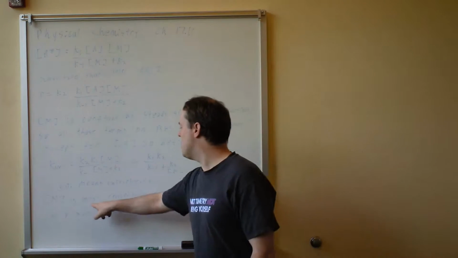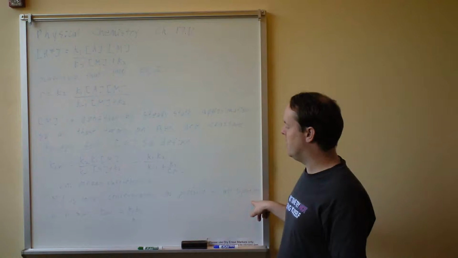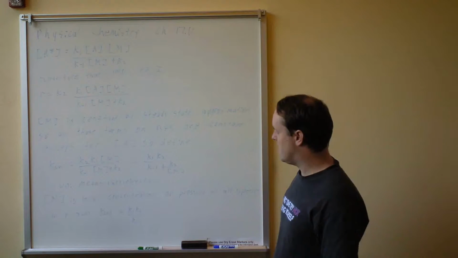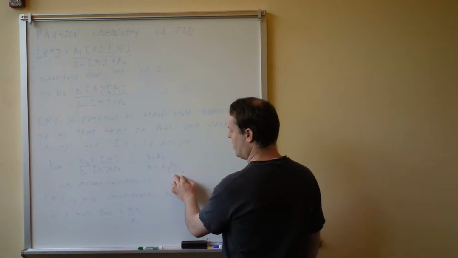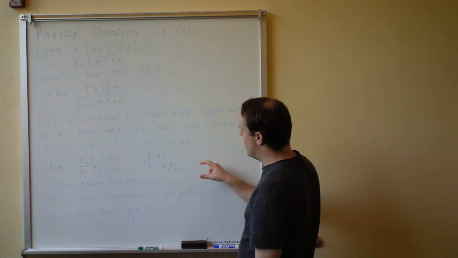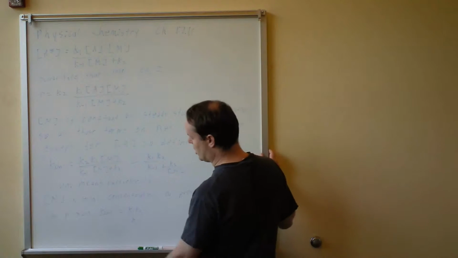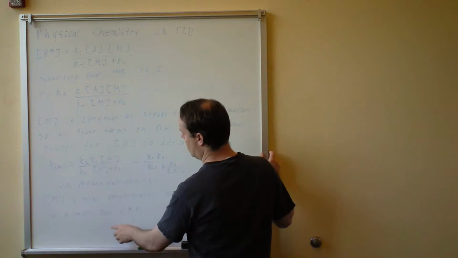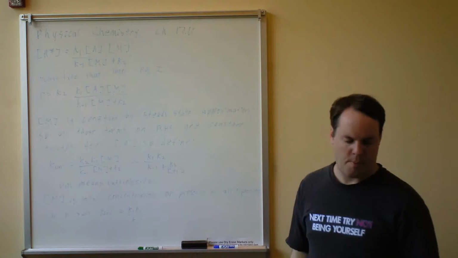So realistically that means the concentration or pressure of all species, including the reactants and the products. So look at what happens if this concentration goes to infinity: this fraction here goes to 0. So in the high pressure limit, this constant k unimolecular is just k1 times k2 over k minus 1.